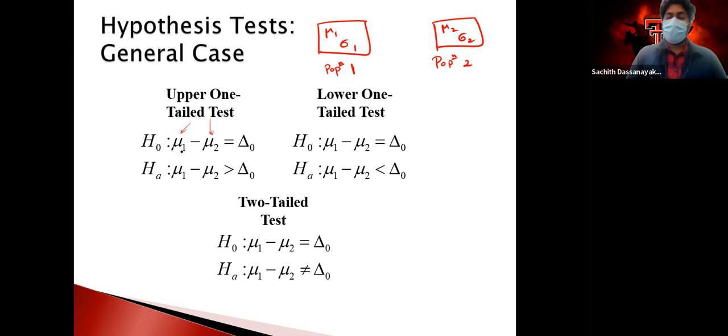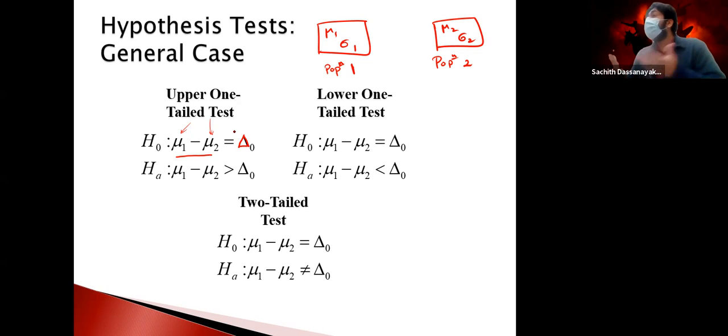In the hypothesis test, always remember that for the null hypothesis, whatever is there equals something. So same here, this difference equals something. This is a value, which can be 0 or any other value.